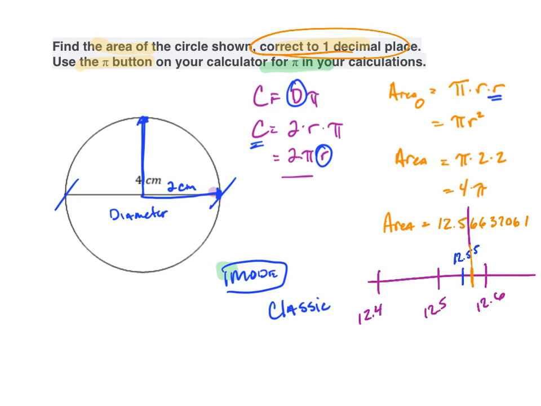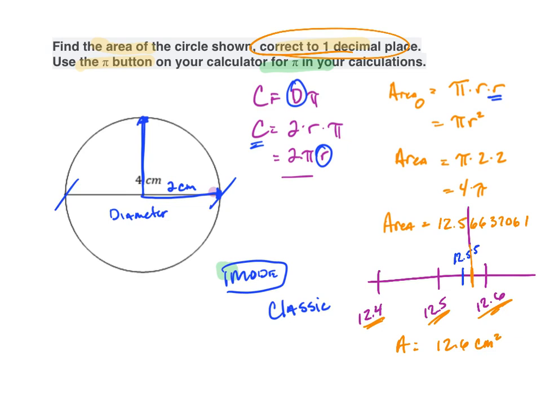So what we're asking when we round is, which one is it closest to? Is it closest to 12.6, 12.5, or 12.4? And we can see by this drawing, it's closer to 12.6. So we would say the area equals 12.6 centimeters squared.